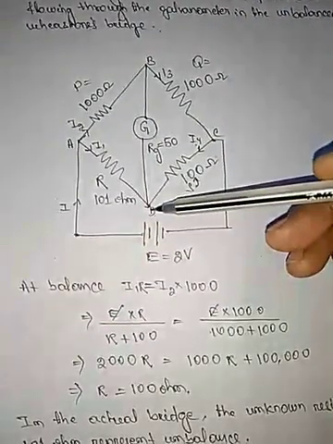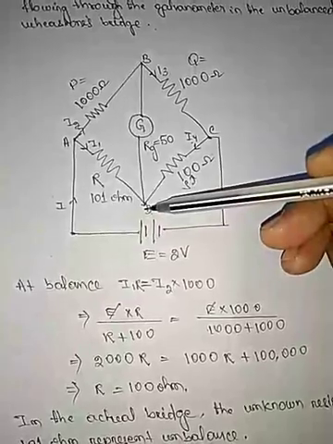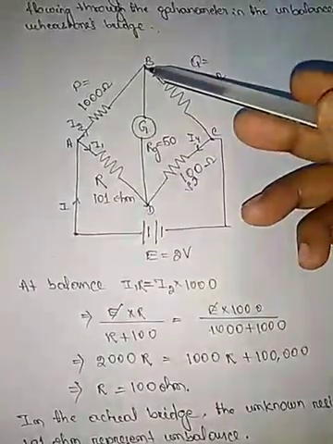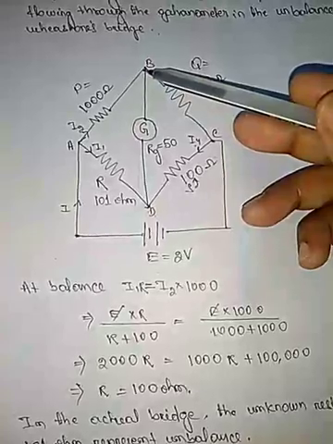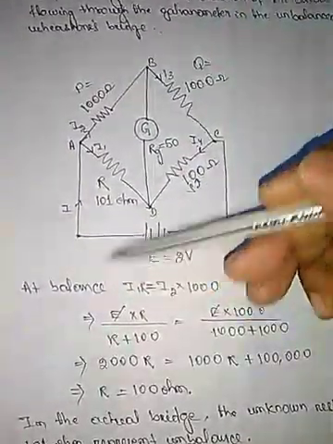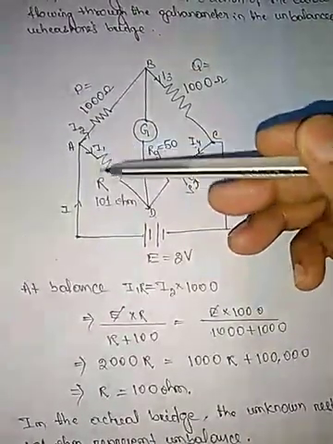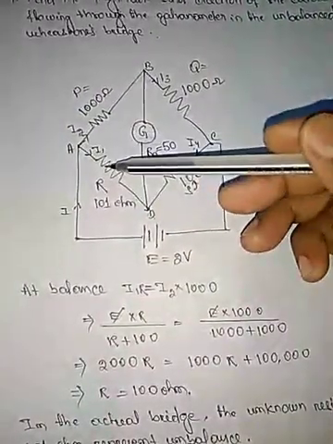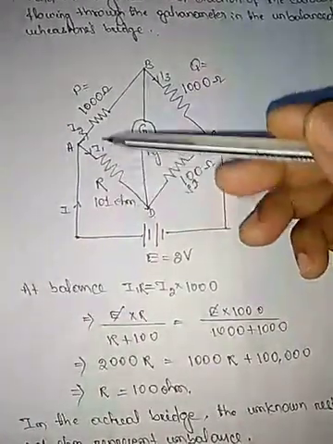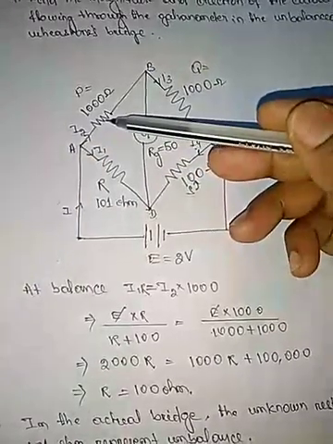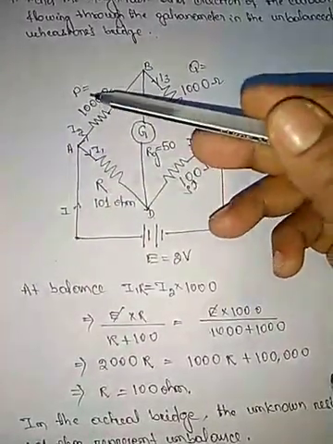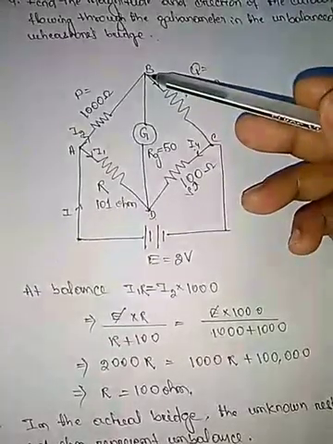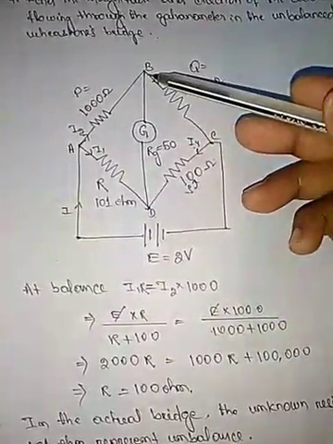That is, the potential difference between B and D is equal to 0, or the potential of point D is equal to that of point B. So at balance condition, I1 into R, this is the potential across point D, is equal to I2 into P. I1 into R is equal to I2 into P. That means VD is equal to VB at balance.